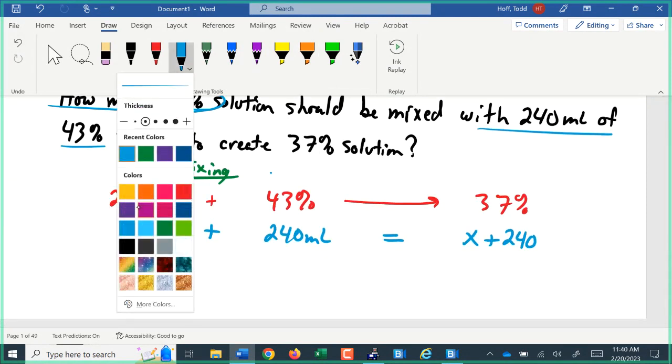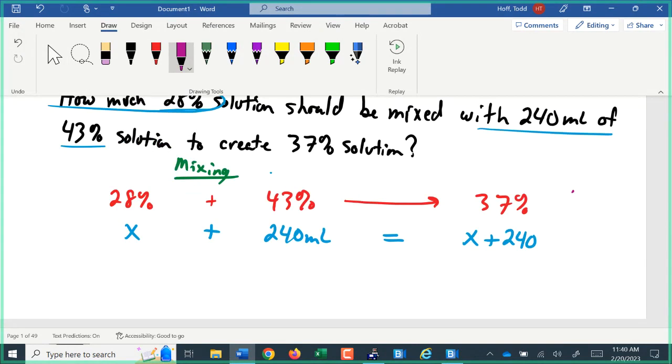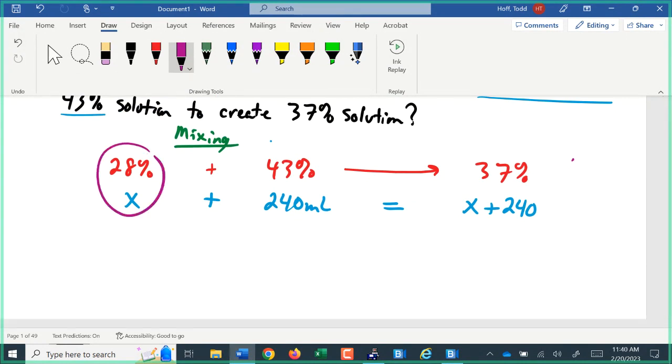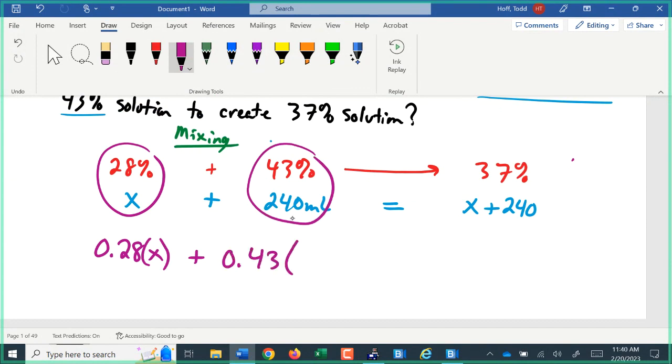Now that we have all that down, we can write our equation for the amount of solute. So the amount of solute has to be equal from the ingredients to the final solution. And remember, that was the concentration times the volume. So here 28% is 0.28 times a volume of X. Plus, here 43% is a concentration of 0.43 times a volume of 240.